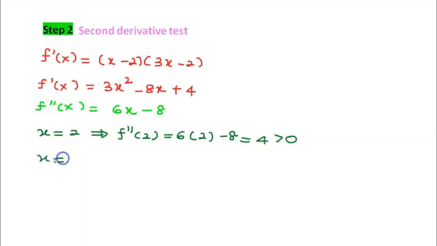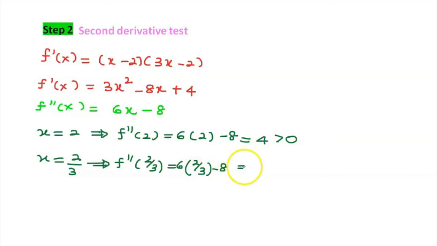For critical number x = 2/3, f''(2/3) will be 6 times 2/3 minus 8. This will give us −4, which is less than 0, a negative number.